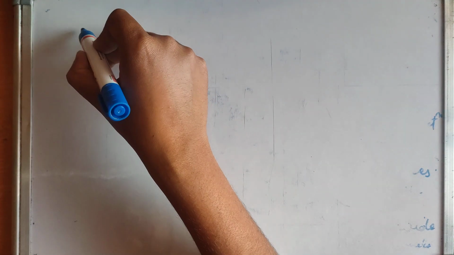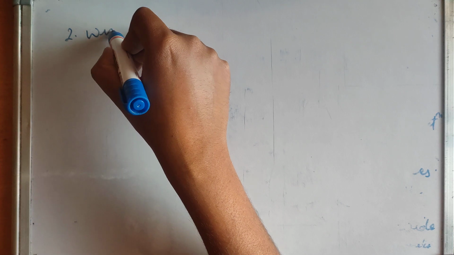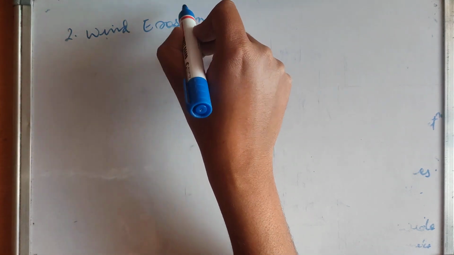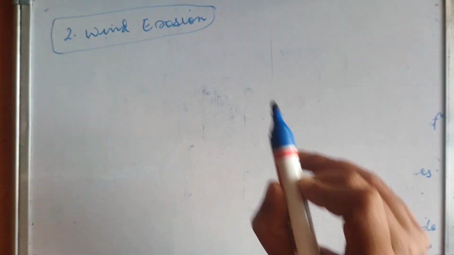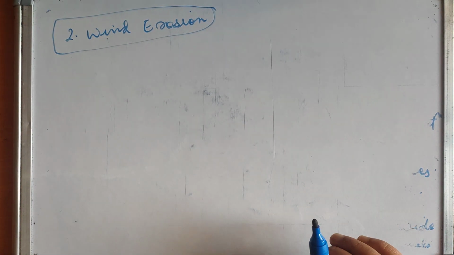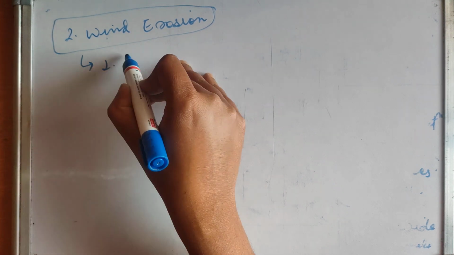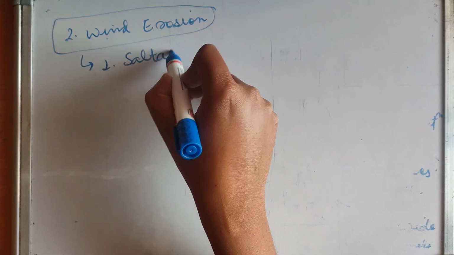Now moving into wind erosion, that is the second type. It also is of three types. First one is saltation.